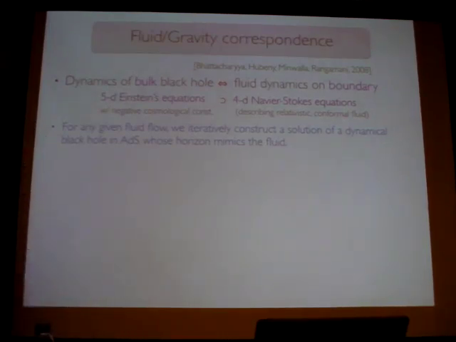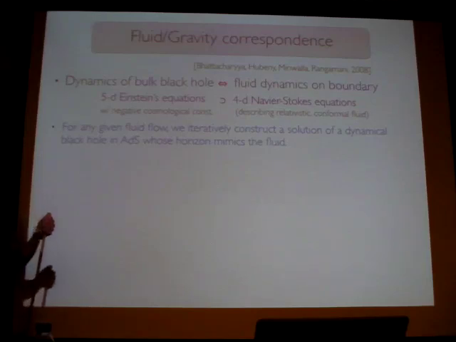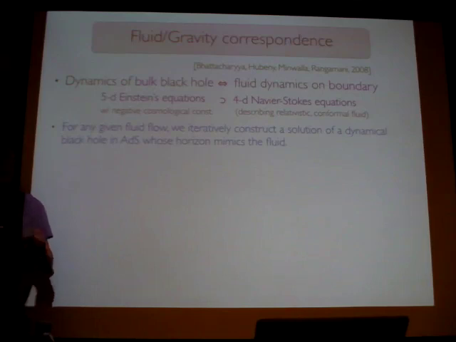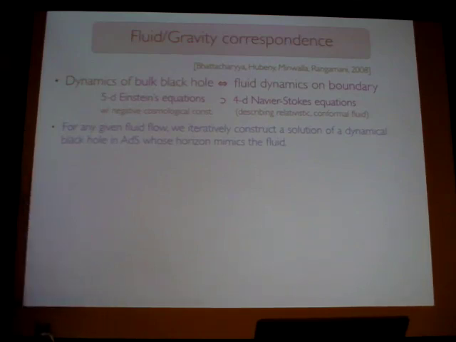Because we have some temperature, that means in the bulk we're dealing with some black hole, but now with a non-uniform horizon, with no symmetries, evolving. The horizon is sloshing around in some way until it eventually settles down to the global equilibrium through dissipation.